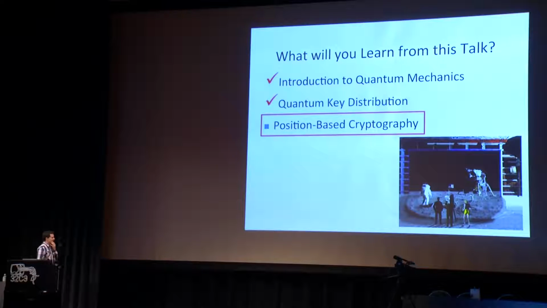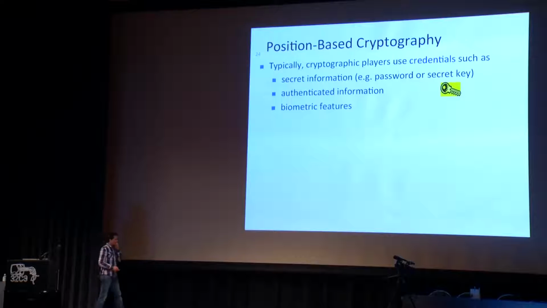So let's see. Normally, cryptographic players, in a perfect theoretical world, use cryptographic credentials, such as secret information, a password, or a secret key that you store in some safe place, or authenticated information like a passport, or biometric features like your fingerprint or your iris scan, something that distinguishes you from the rest of the crowd in this audience.